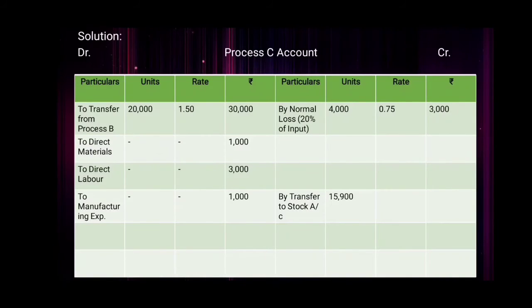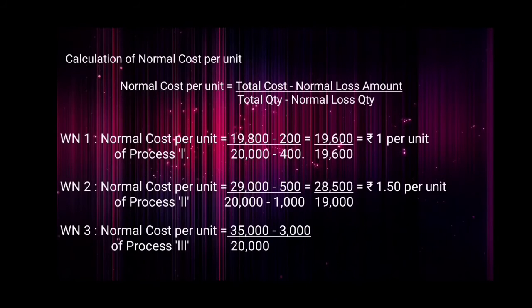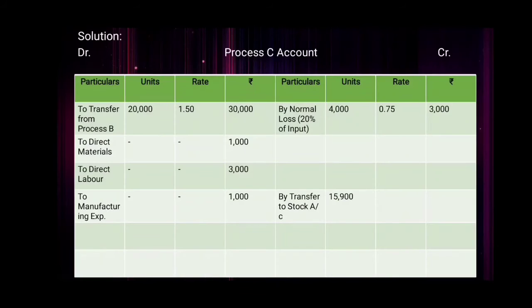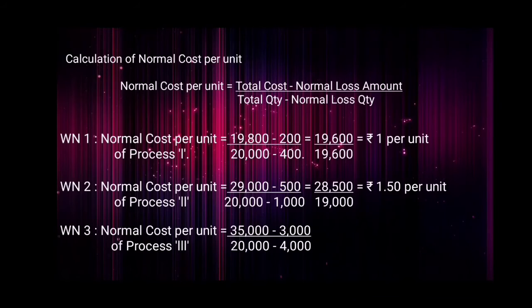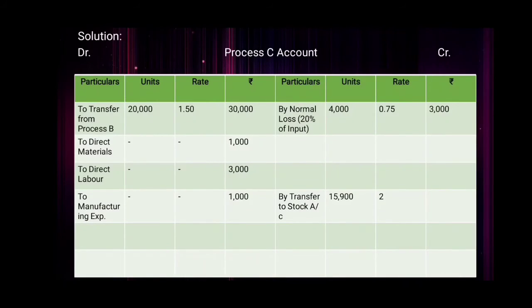The total quantity is 20,000 minus normal loss quantity, given as 4,000 units, which is equal to 32,000 divided by 16,000, which is equal to rupees 2 per unit. So we'll record the rate 2.